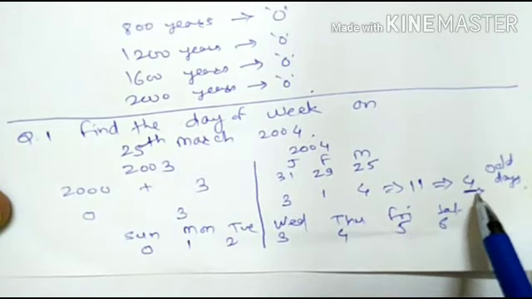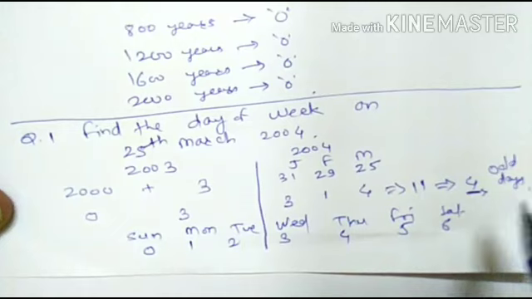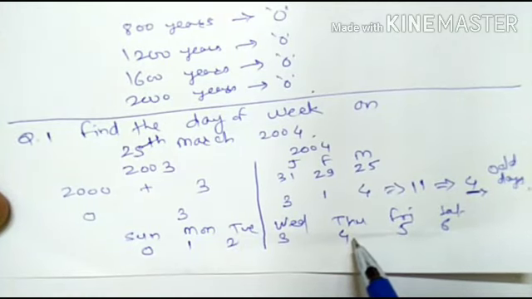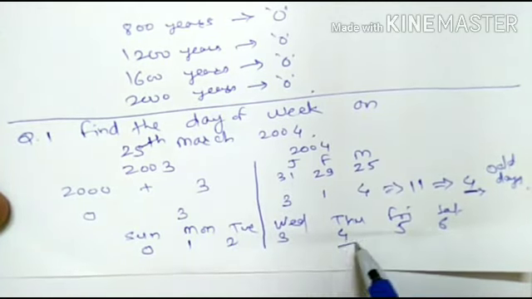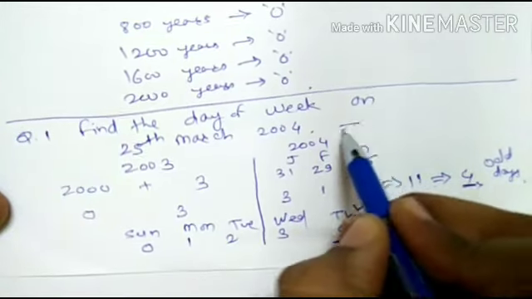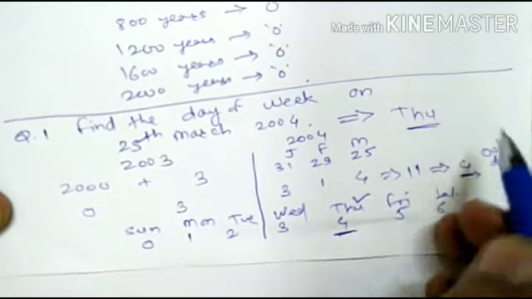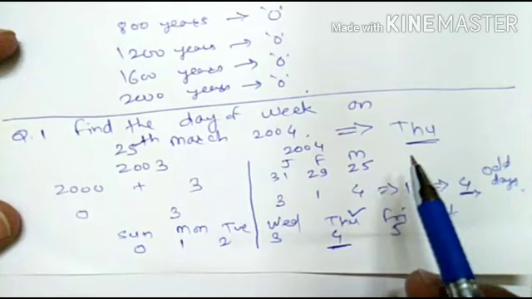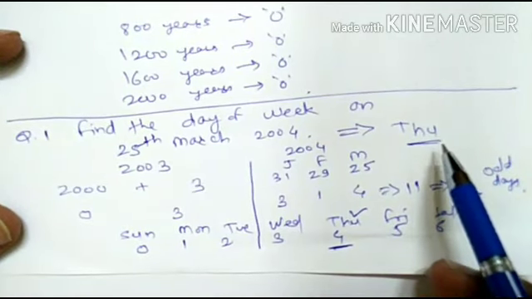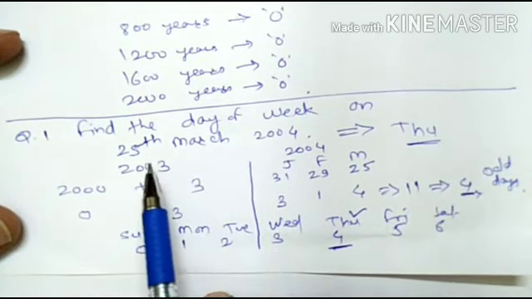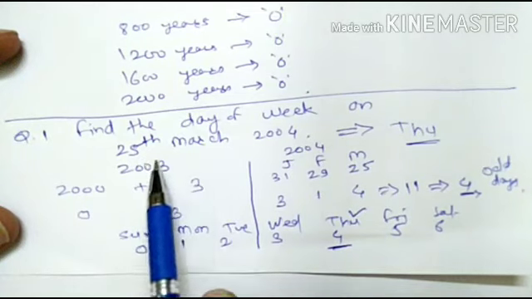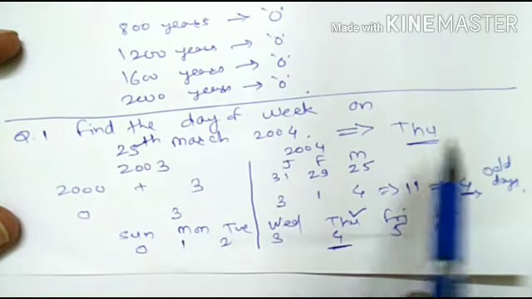As we got 4 odd days, the day of the week on this date is Thursday. So Thursday is the answer. You can cross-verify using the calendar app on your mobile, whether the day of the week on 25th March 2004 is really Thursday or not.